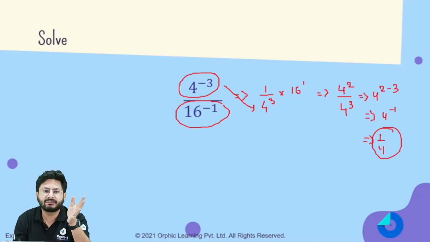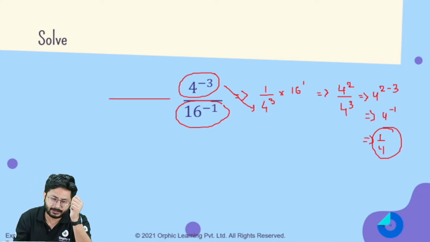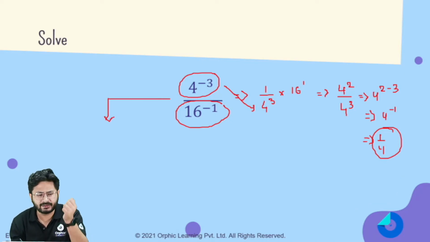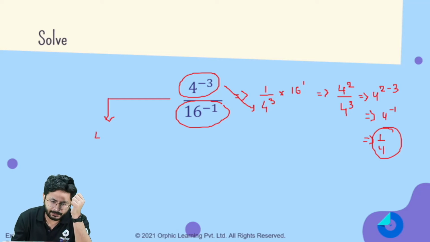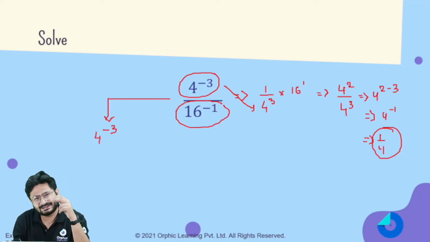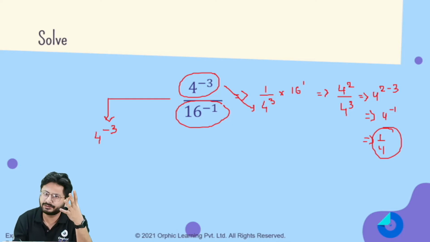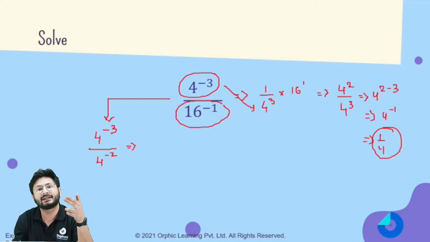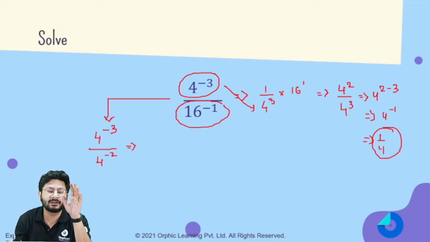Instead of this, you could have done another thing. दूसरा method की हम जो बात कर रहे थे, method same ही है, just calculation part is a bit different. So 4 to the power minus 3 and 16 to the power 1 लिखूं या फिर 4 to the power minus 2 लिखूं, बात तो सेम ही है, right? So it will become 4 to the power minus 2. अभी directly यहाँ पर जो हमारा since the numerator and denominator में the bases are same, हम powers को subtract कर सकते हैं.